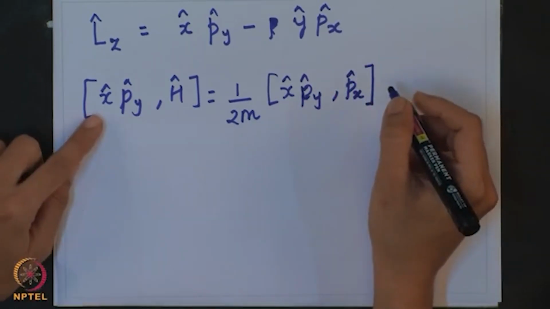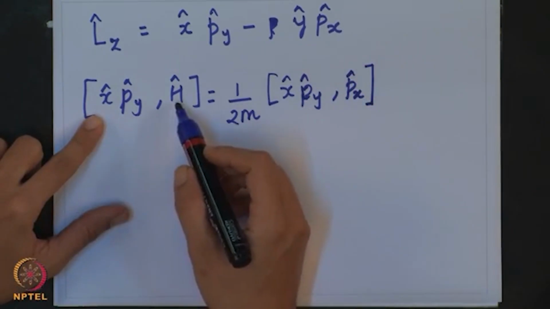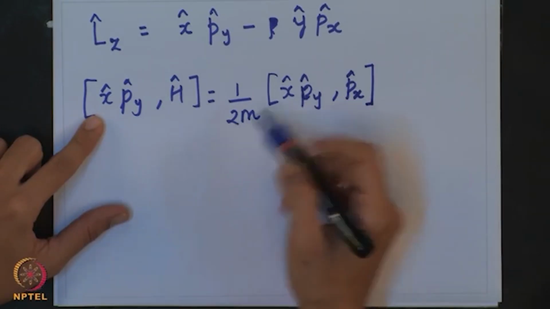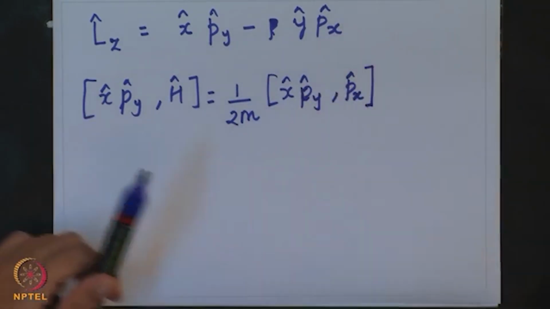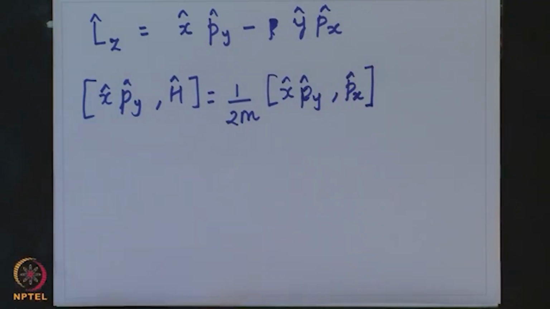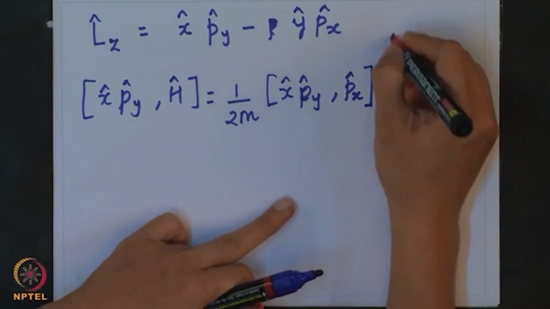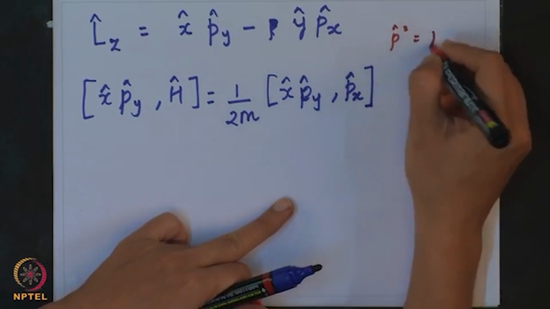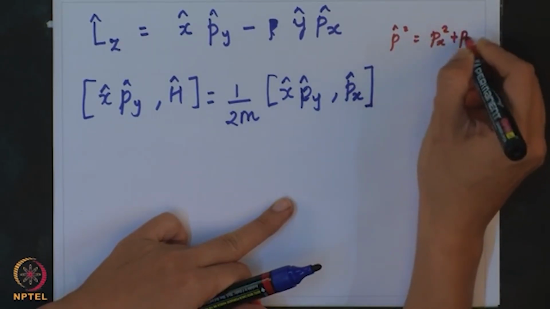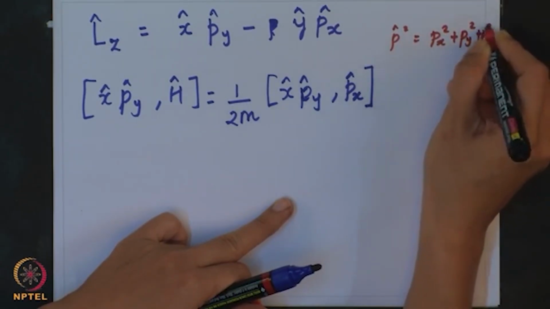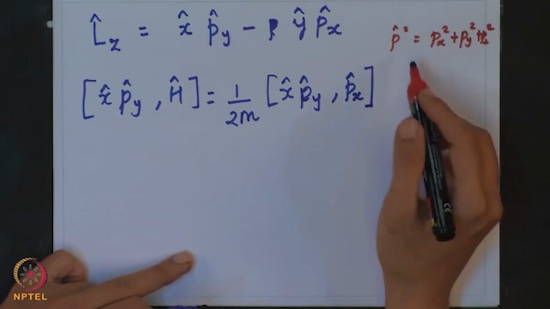Now, we know that the Hamiltonian is p squared upon 2m, and p squared can be written as p_x squared plus p_y squared plus p_z squared.